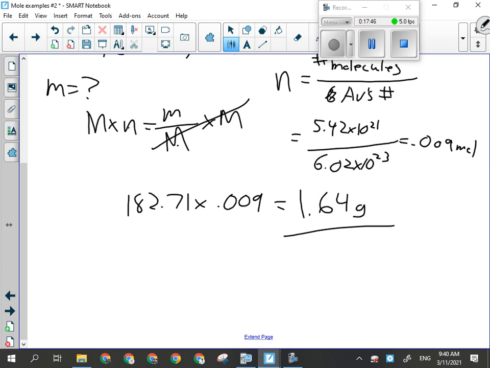If we already know that M times N equals little m, do we still have to write that formula? Here's how it works. If all you write is your answer and it's right, you get full marks. If it's wrong, I can't give you anything, because all I see is a wrong number.